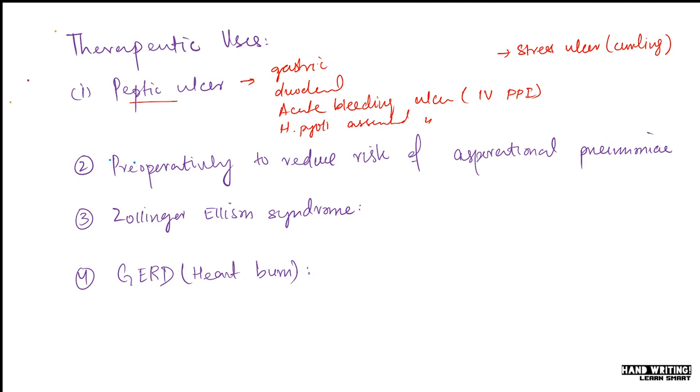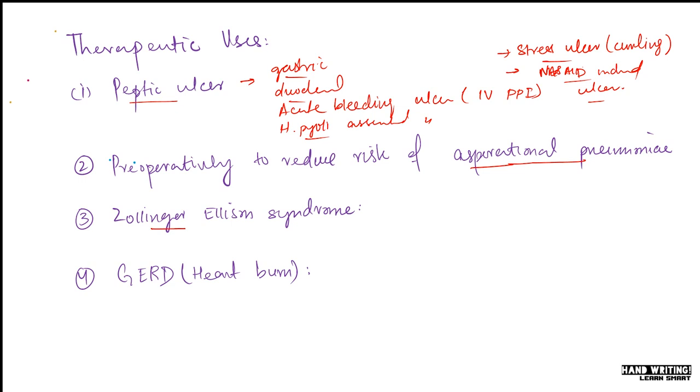For stress ulcers, they are used prophylactically to prevent them, and also for NSAID induced ulcers. So for all of these, the proton pump inhibitors are one of the most important drugs. They are also used preoperatively to reduce the risk of aspiration pneumonia.